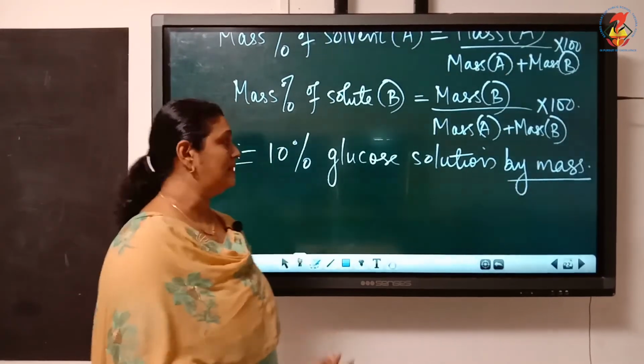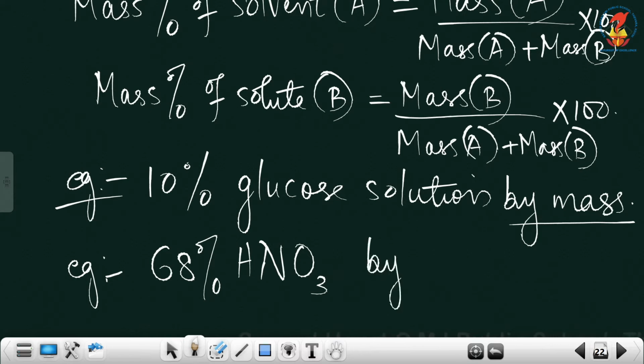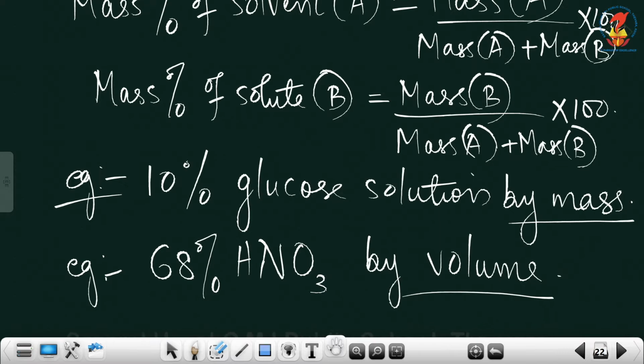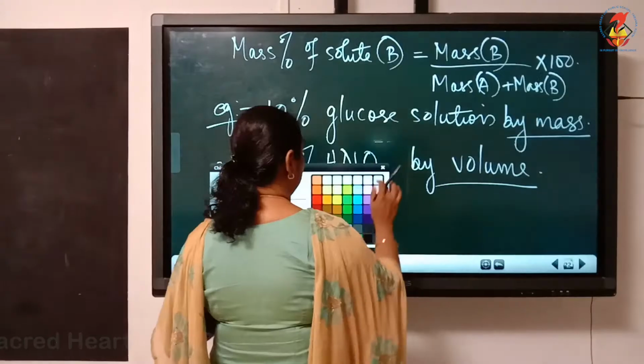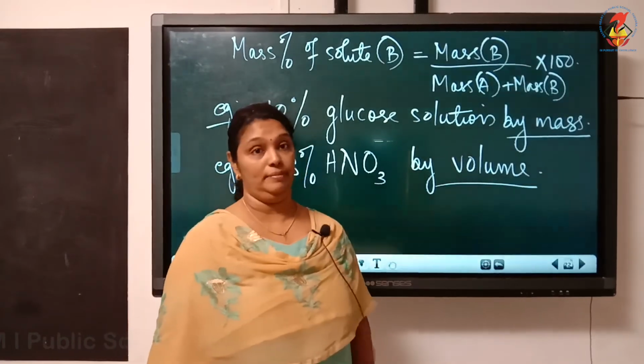Okay, now next example: 68% HNO3 by volume. What is the meaning of this sentence? 68% nitric acid by volume.